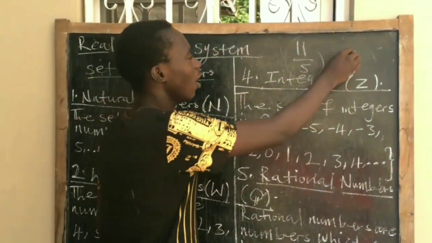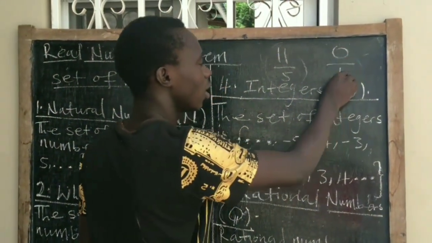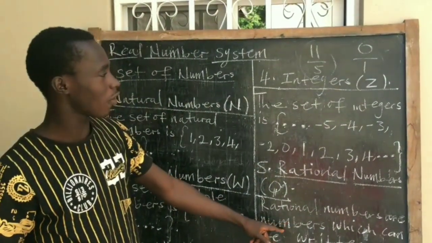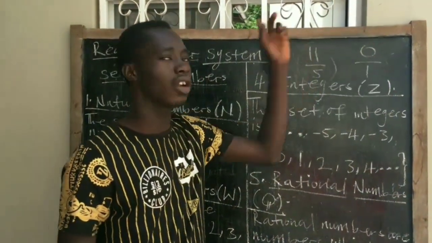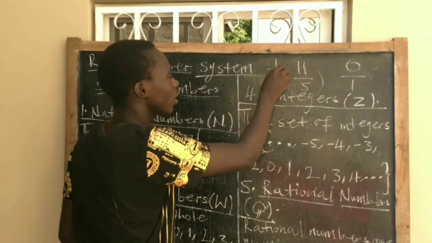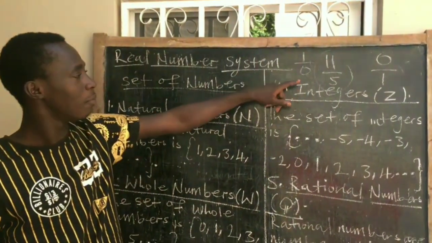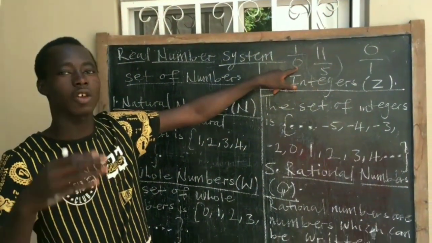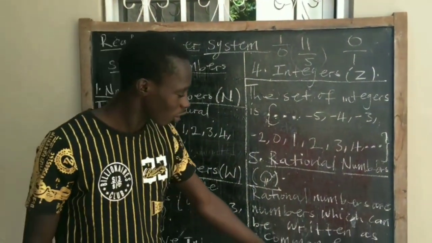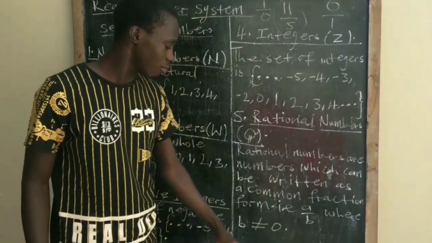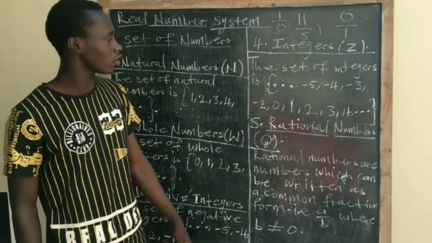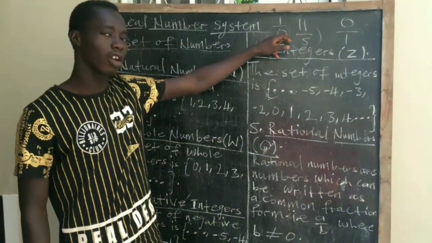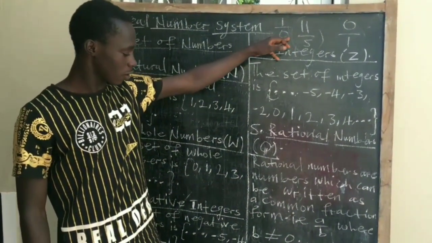If you have 0/1, it is still a common fraction, it is a rational number. But if you have 1/0, it is not a rational number because this fraction is undefined. And when we are talking about rational numbers, we don't talk about undefined fractions. All undefined fractions are not rational numbers.